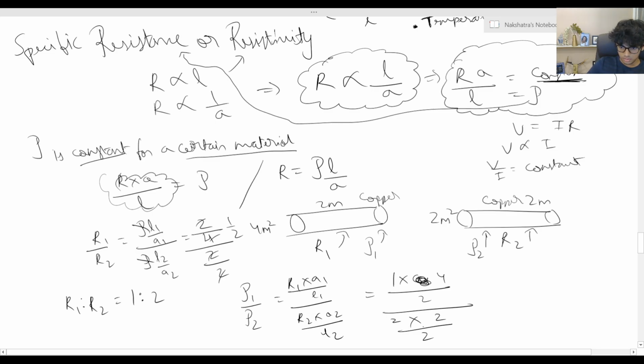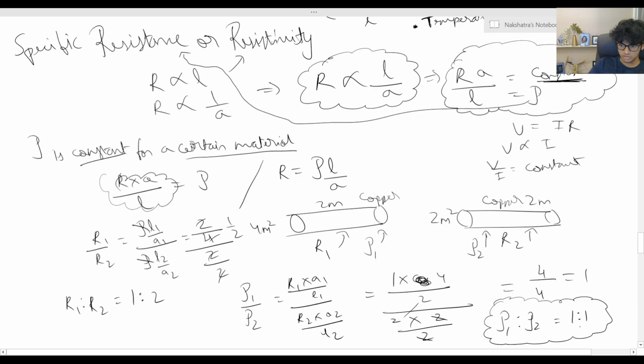Now we can cut this with this, and we get 4 upon 4, which is equal to 1. And rho 1 is to rho 2 is equal to 1 is to 1. So this is how we've also proved that for the same conductor we're getting 1 is to 1 as the ratio of specific resistances, है ना?